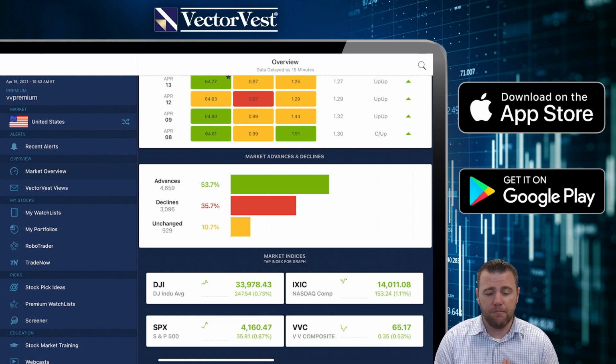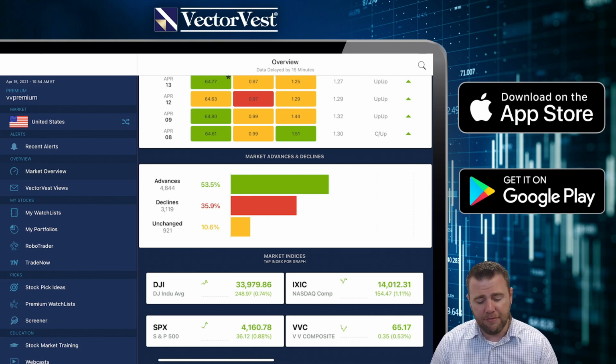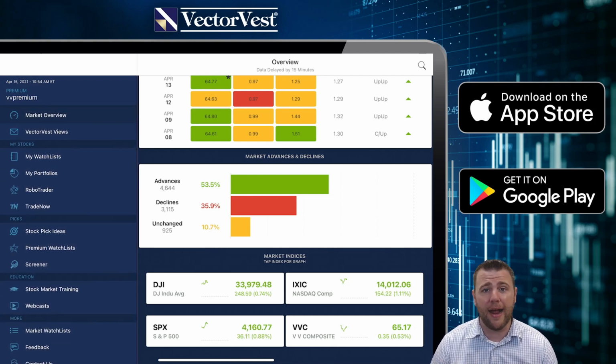So before, we had a watch list tab, a portfolios tab. We had all these tabs at the bottom that made it harder and took a little bit longer to get from place to place. We've consolidated that now to make it easier than ever. So for example, we now have the My Stocks section rather than having it broken down into different sections of the app before.